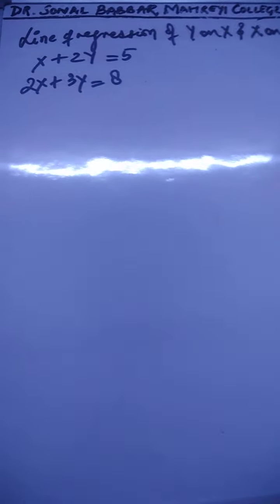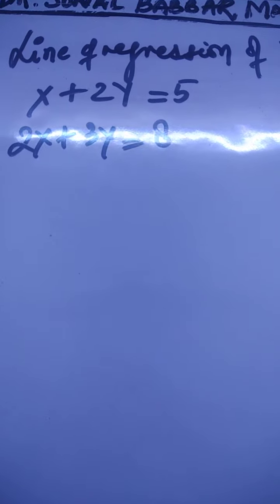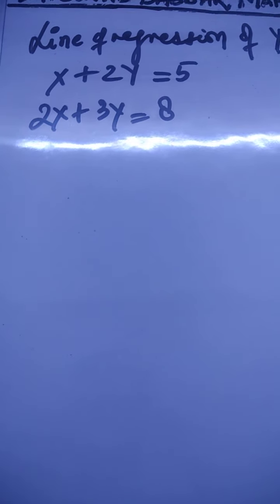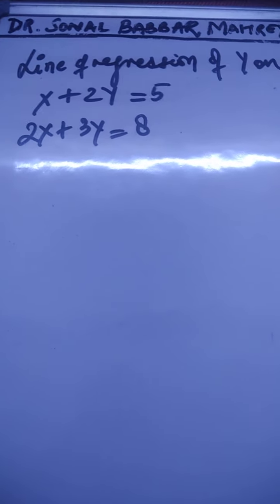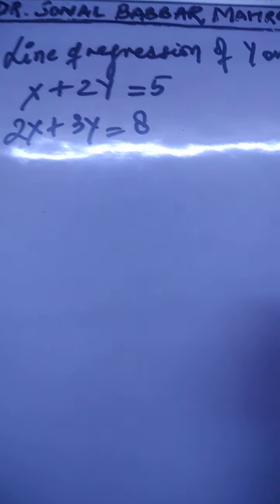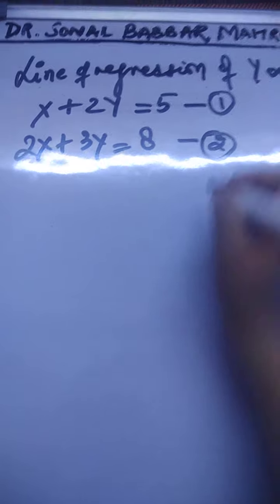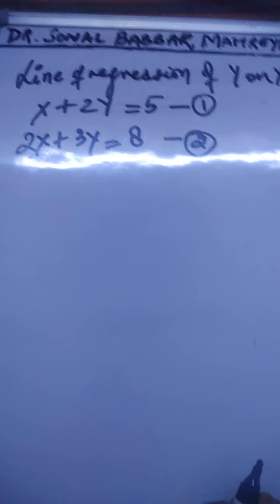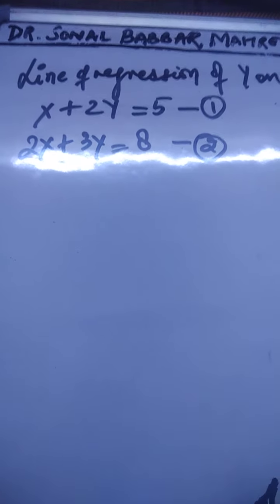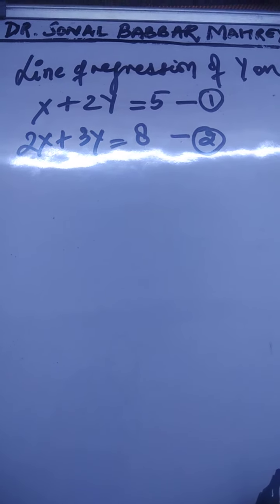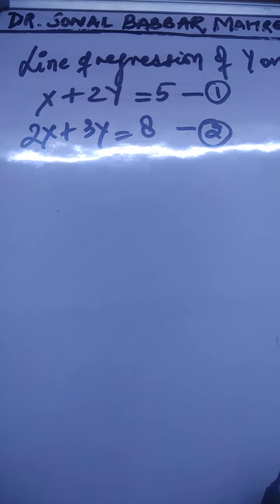There are two equations given to us: x plus 2y equals 5 and 2x plus 3y equals 8. Let me call the first one equation number 1 and the second one equation number 2. Step 1 is that I randomly assume one of the equations as y on x and the other as x on y.